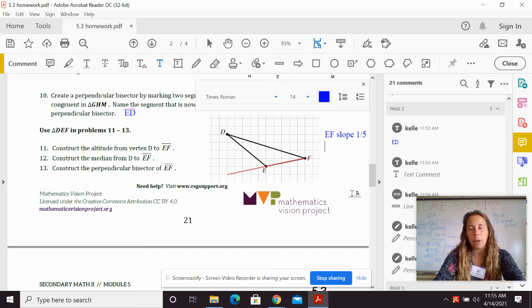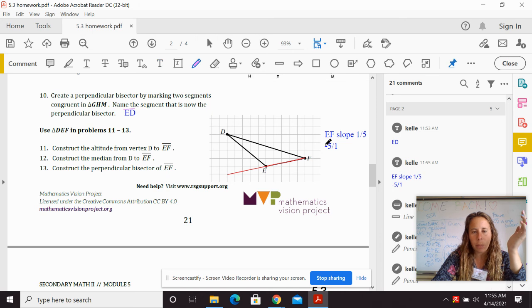So instead of 1 over 5, it's 5 over 1, and then make it negative. So then you can start at D, because it's going to be coming from D, and just use this slope. So negative 5, so down 5, 1, 2, 3, 4, 5, and over 1. So it should be right there.